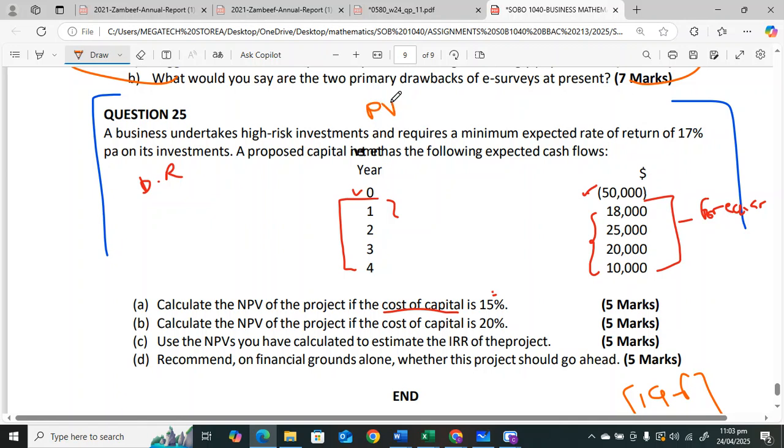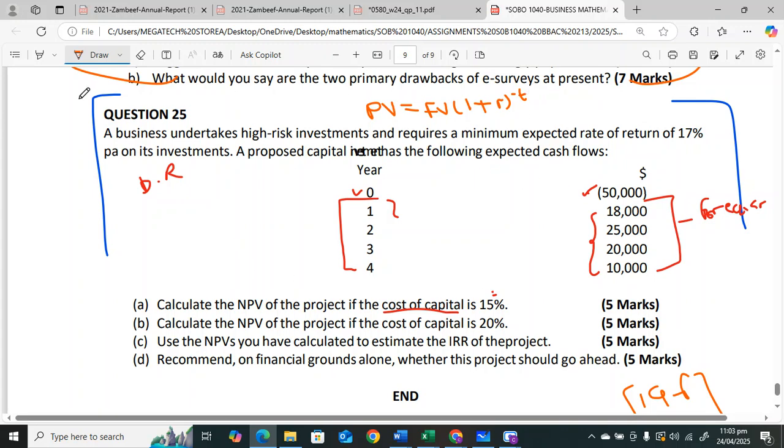Present value equals future value times open brackets 1 plus r to the power negative t. T just represents time, r is the discount rate.